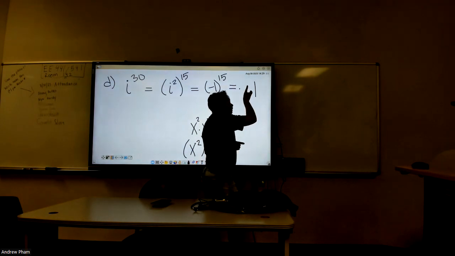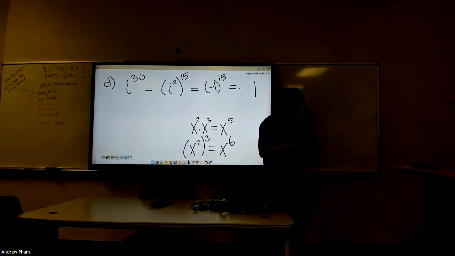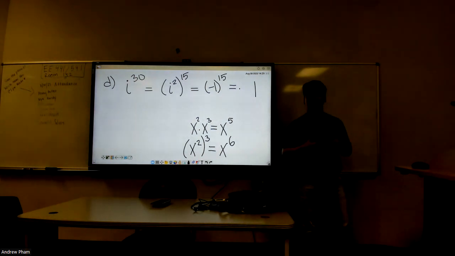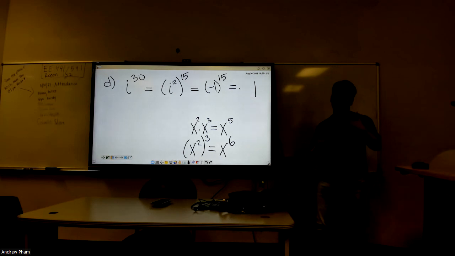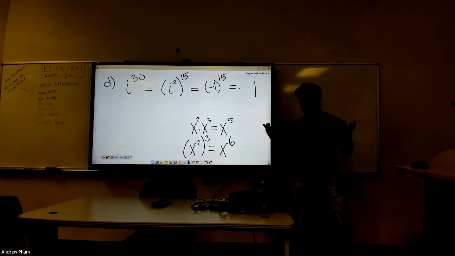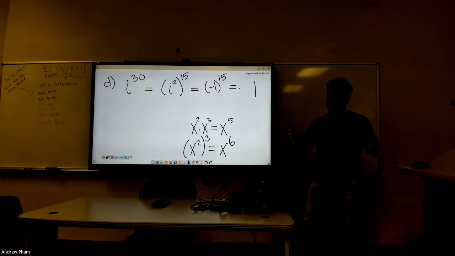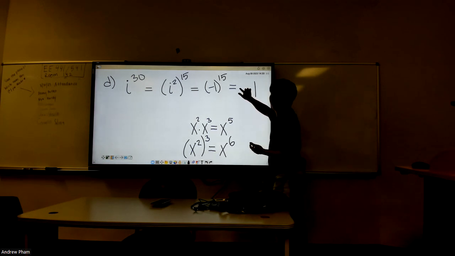If we take a negative number to an odd power, it's always going to end up negative. We can do this very quickly. If I do a negative times a negative, that's positive, so that's like an even power. But if I do it 3 times, it's going to give me a negative.